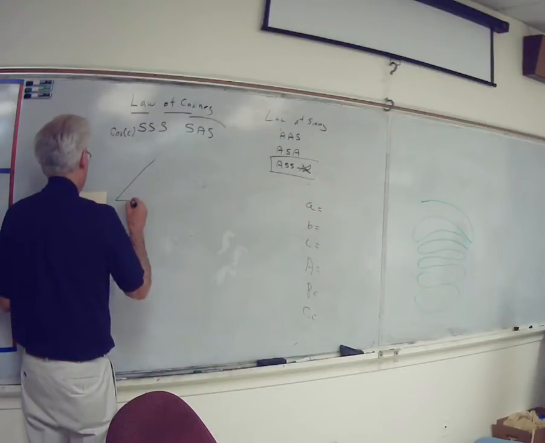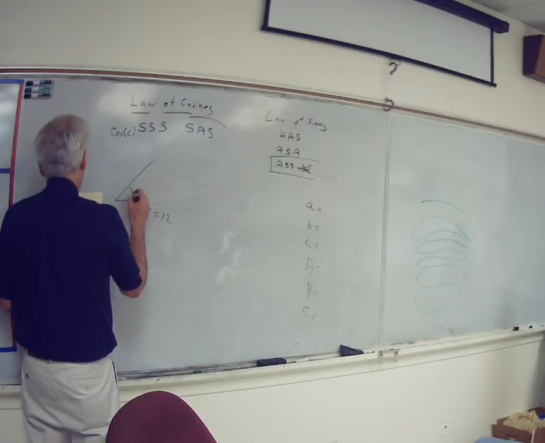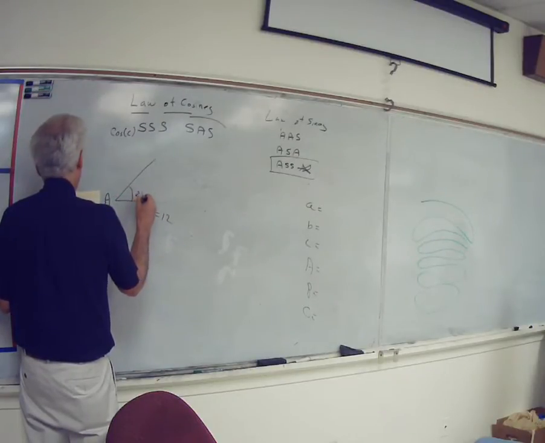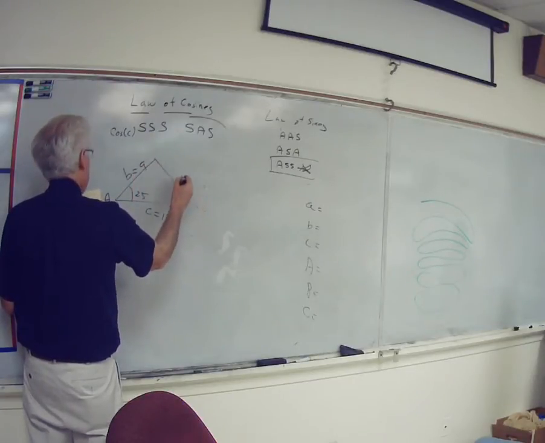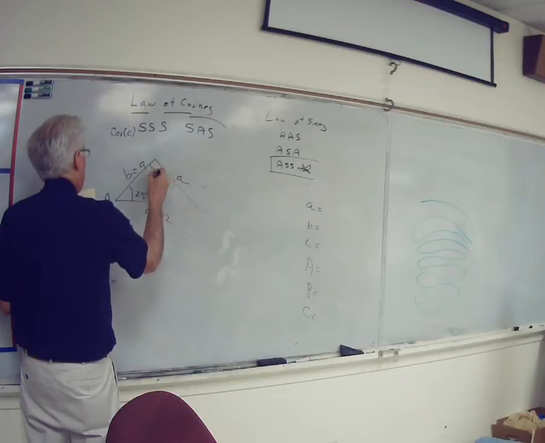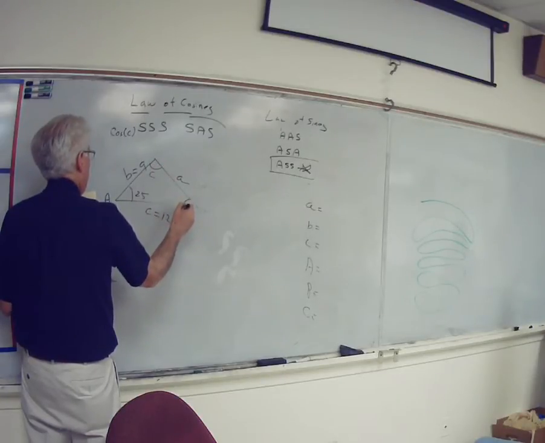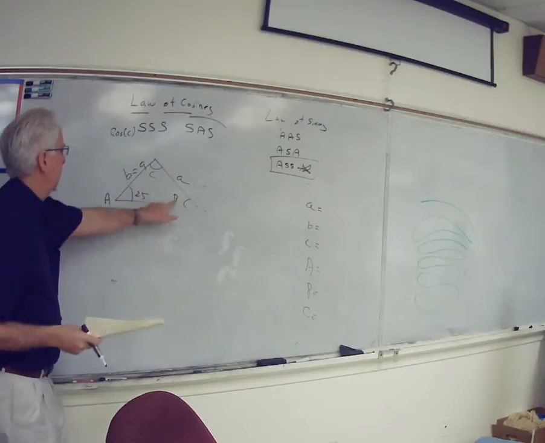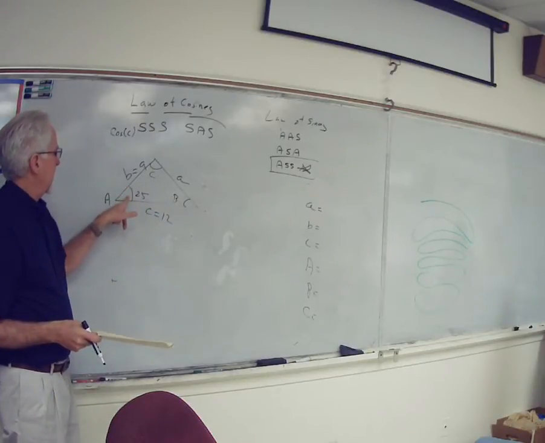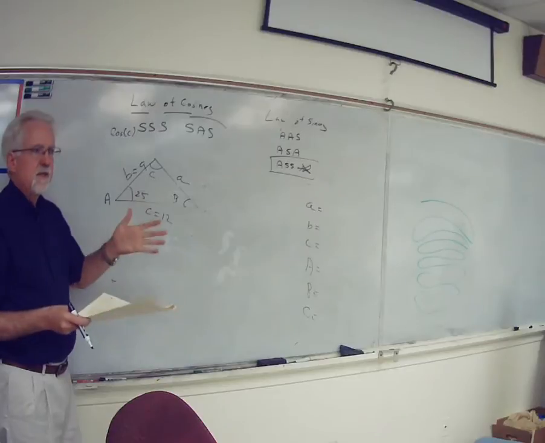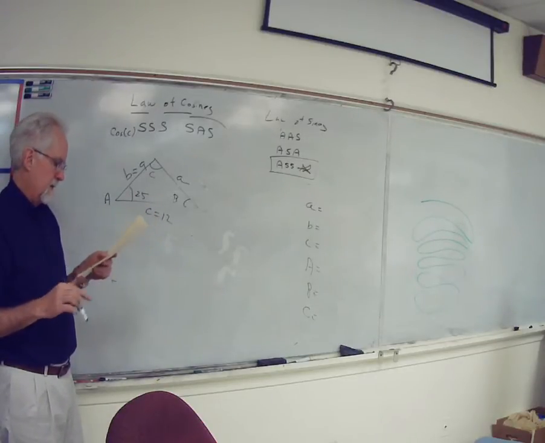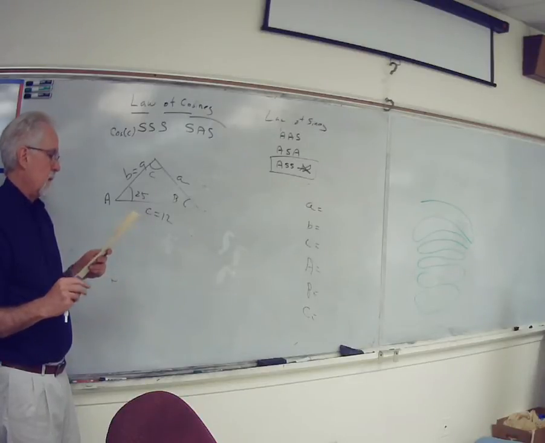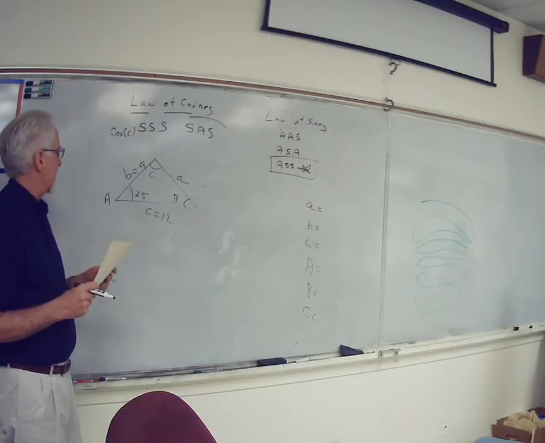So here we're going to have C is equal to 12, the angle A is equal to 25, and little b is equal to 9. And then I've got this side, which is A, and then this would be big C, and this would be big B. You see, big B is opposite little b, big A is opposite little a. This is the naming convention. It doesn't matter what you call A, B, or C, but they always need to line up like this, okay?